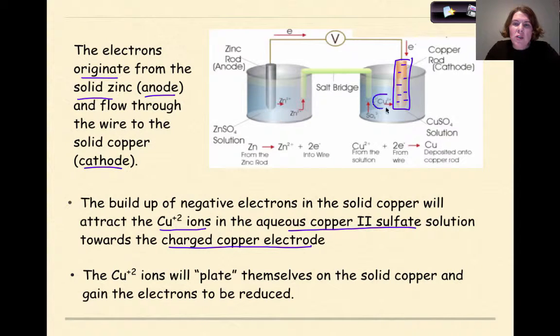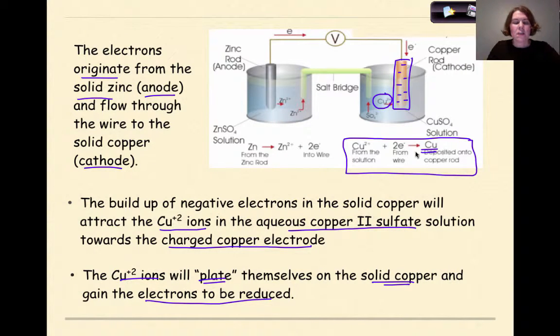And here's Cu+2 thinking, hey, I'm positive, you're negative. I'm going to gain you, become solid copper, yeah, get reduced. So the Cu+2 is attracted to the electrode, picks up the electrons, and becomes solid copper right here. So the Cu+2 ions will plate themselves, actually form a solid, on the solid copper electrode and gain the electrons to be reduced. And we see this in this half reaction right here.